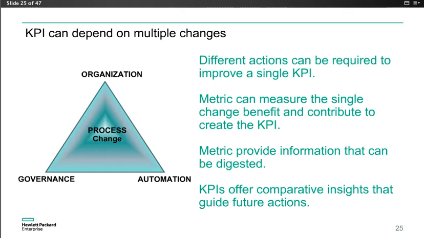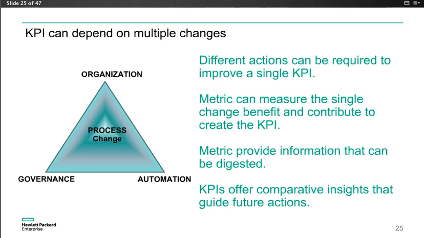To set up any KPI to help you to leverage or implement the right DevOps approach, it's crucial to keep in mind that the metric provides you just the information that can be digested. And the KPI is the right tool that offers you insight and guides you into future action.